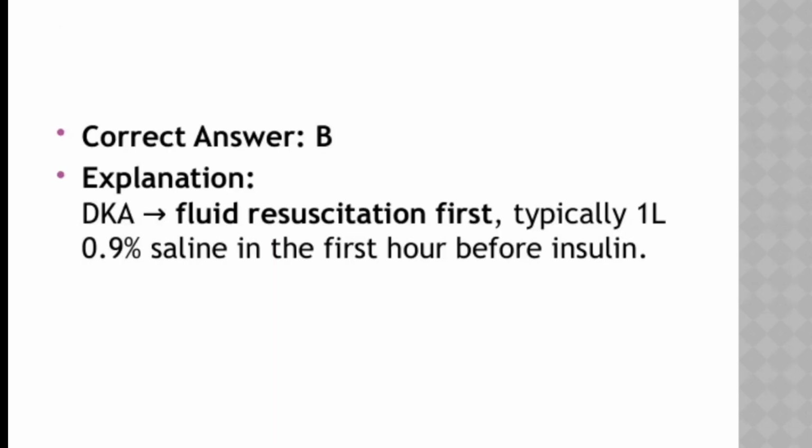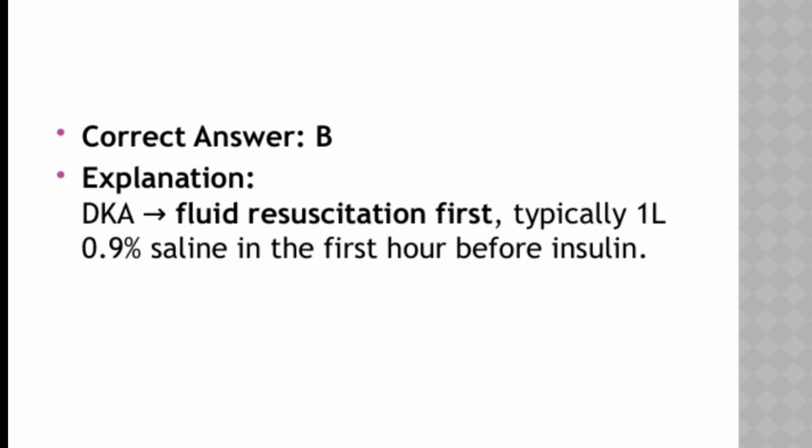Let's take a closer look at the correct answer, which is B. When managing diabetic ketoacidosis, or DKA, the first and most crucial step is fluid resuscitation. This is essential because patients with DKA are usually severely dehydrated due to osmotic diuresis. The initial fluid of choice is typically 0.9% saline, and we usually start with about 1 liter in the first hour.